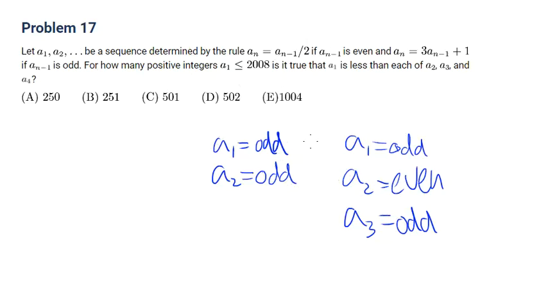I'm just using my intuition here. Then if A1 and A2 are both odd, then A3 can be either odd or even. So odd, even, odd, even, odd.